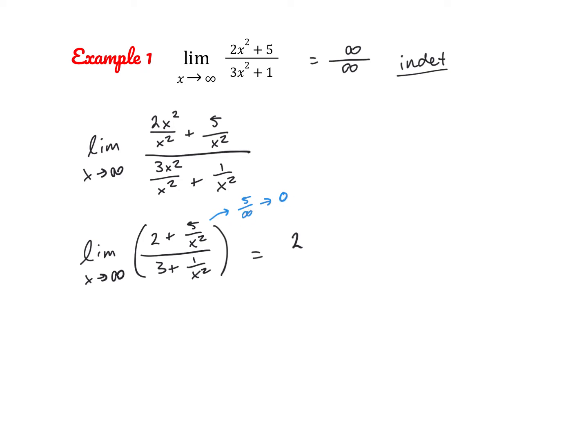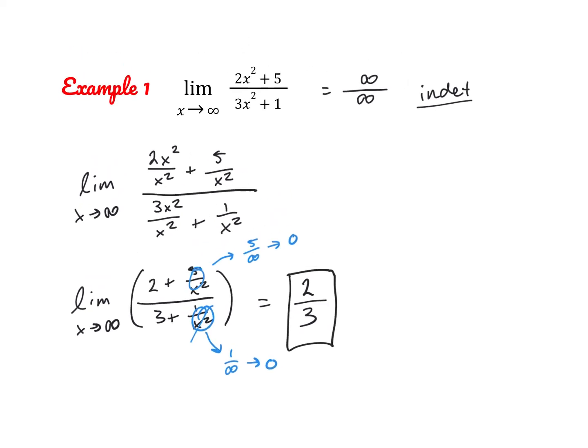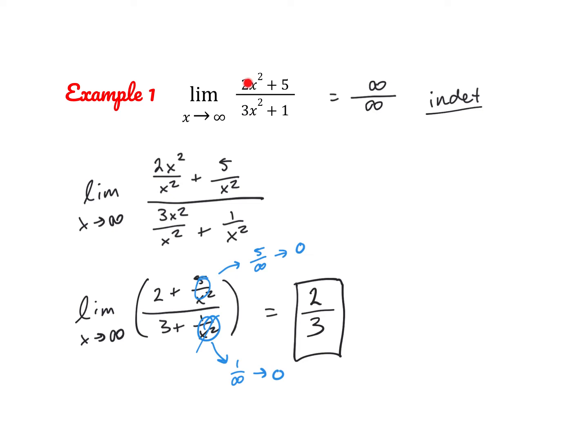In our denominator, the 3 will still approach 3, and again 1 over infinity approaches 0. That leaves us with the limit of 2 over 3, which follows the rule we learned in pre-calculus, the ratio of the leading coefficients. However, in calculus, we need to make sure we're following our properties of limits.